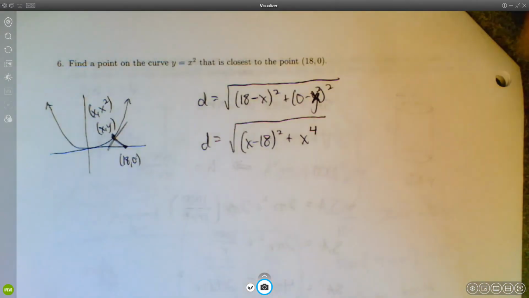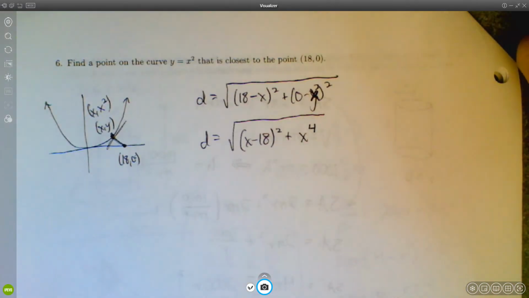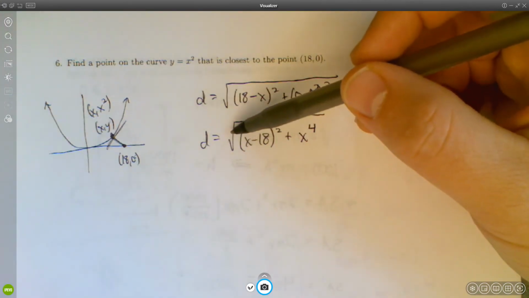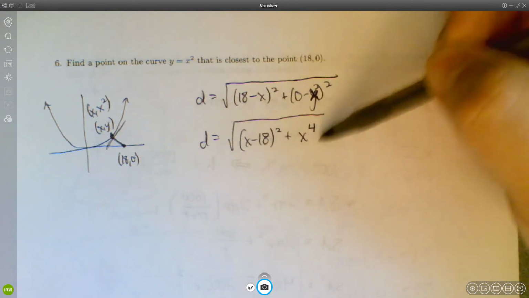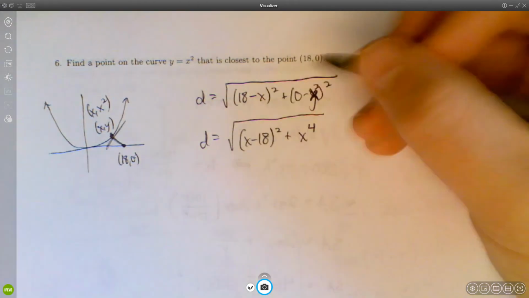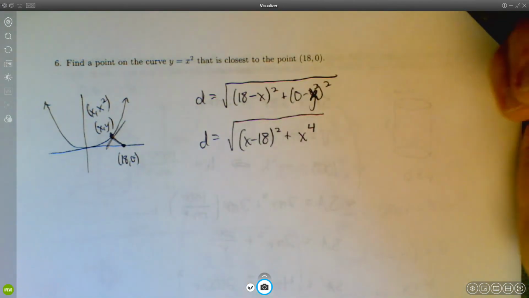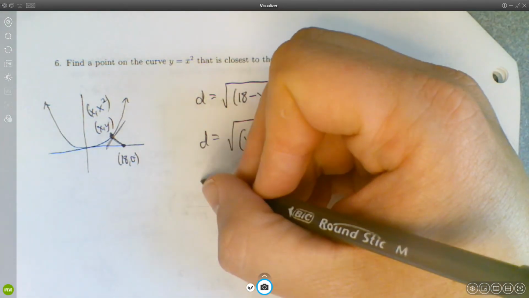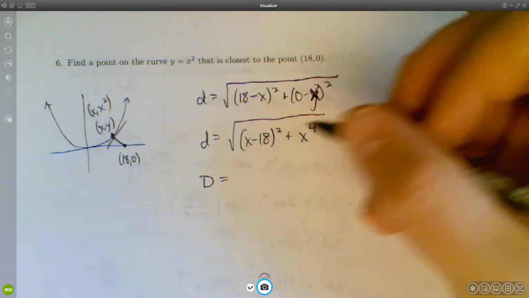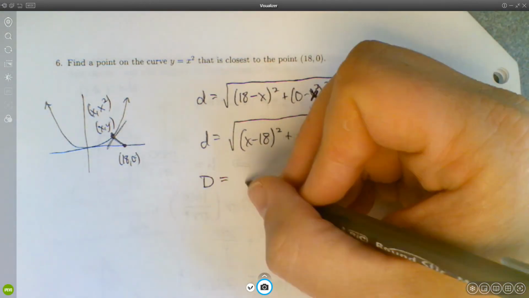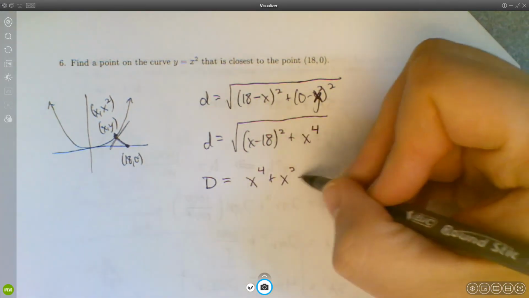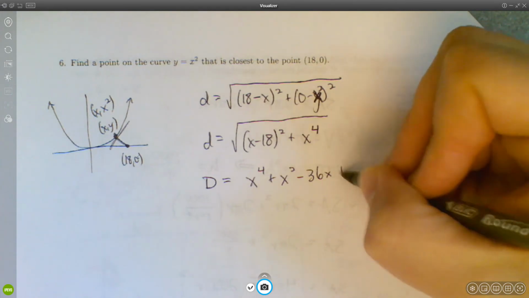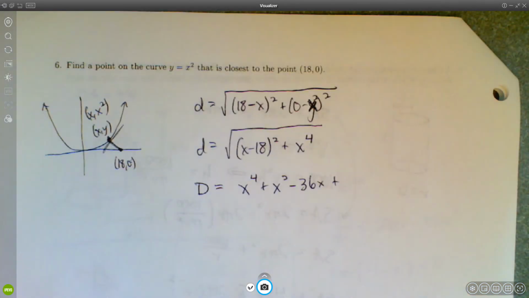In order to make the differentiation easier, notice that the square root's going to be minimized whenever the radicand is minimized. So maybe I'll call this capital D. Capital D is x to the 4th plus x squared minus 36x plus, what's 18 squared? 324.